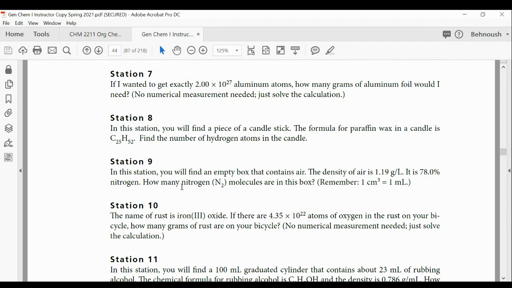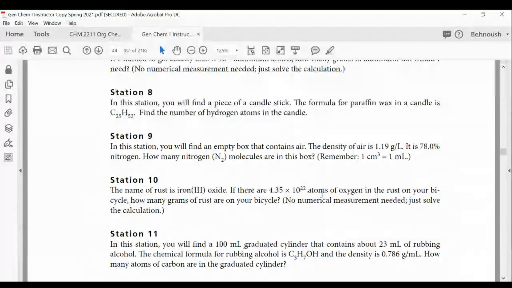Because you want to find the nitrogen molecules from the air in the box. What would be the first step? Measure the height of the box, then find the area.